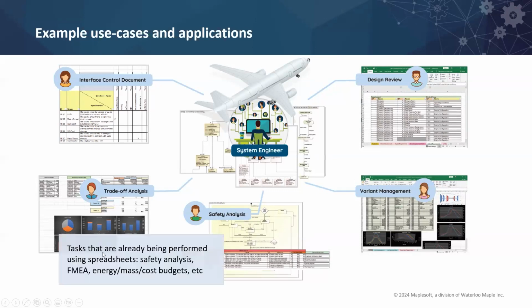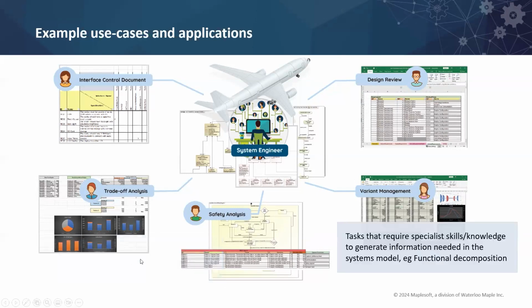In addition to that, any spreadsheet activities that you already perform, for example the safety analysis or making a cost budget or energy budget, we could do that with MapleMBSE. Any task that requires specialized knowledge, like functional decomposition or decomposing requirements, defining hierarchy and so on.